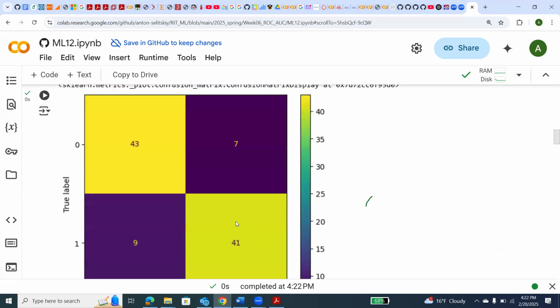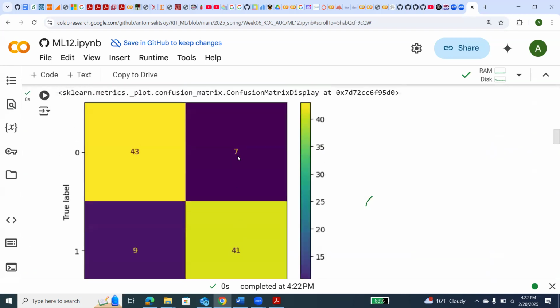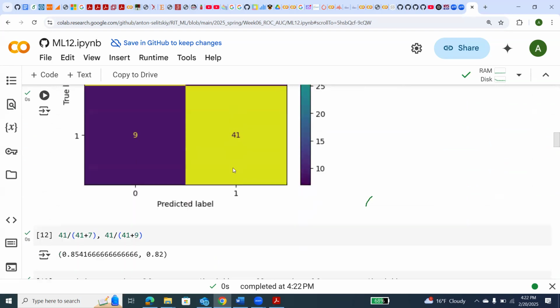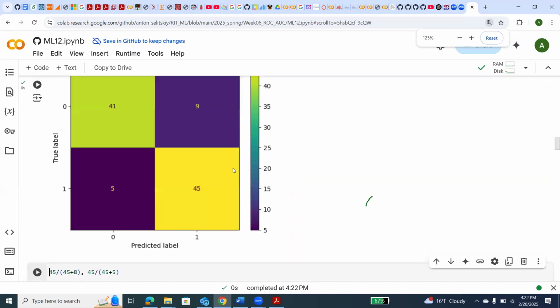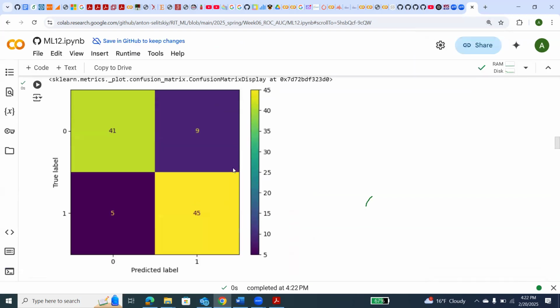The previous false positive number was 7, because we moved our threshold down. Now we have more points predicted as positive. So that's why the number of false positives also increased.